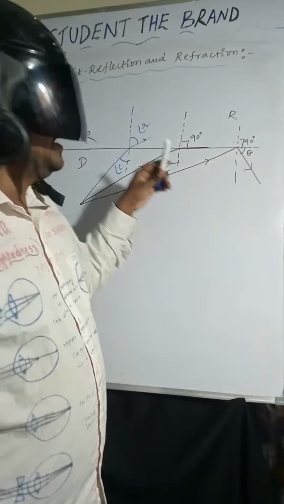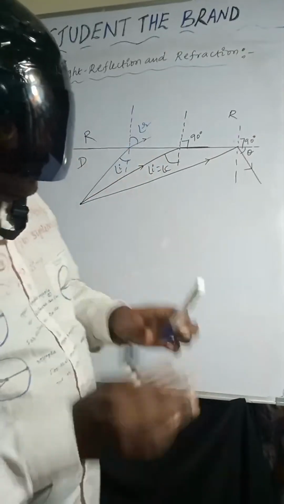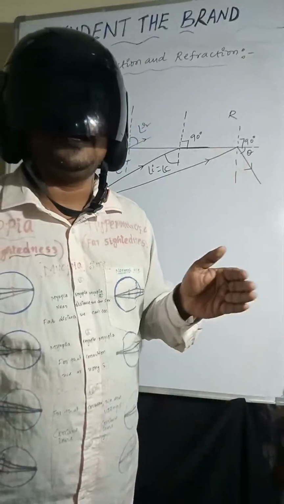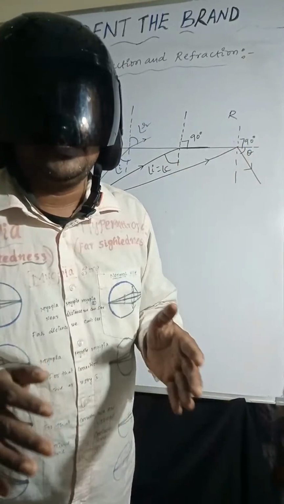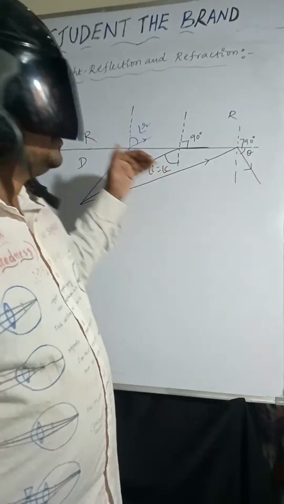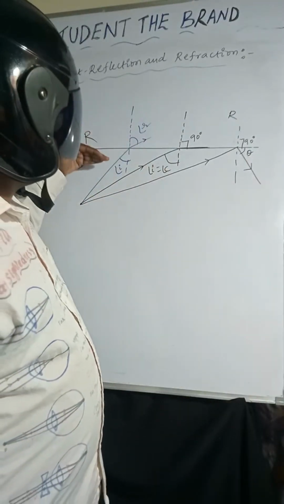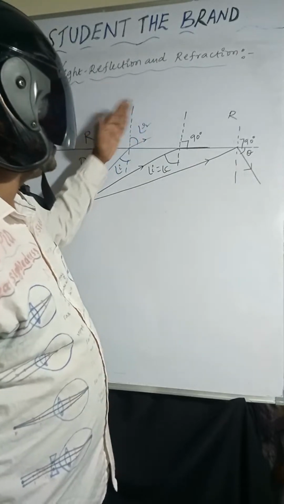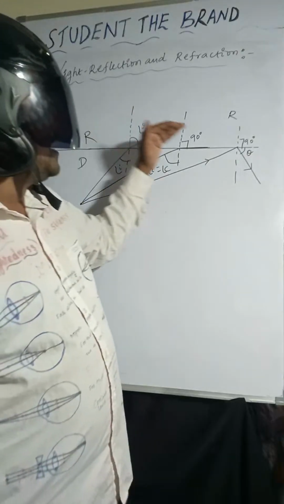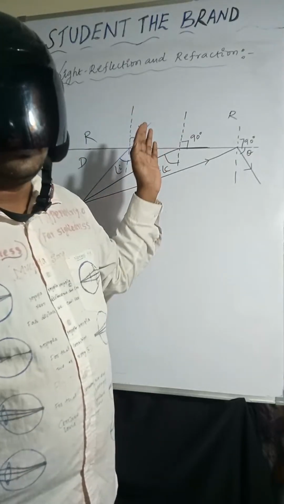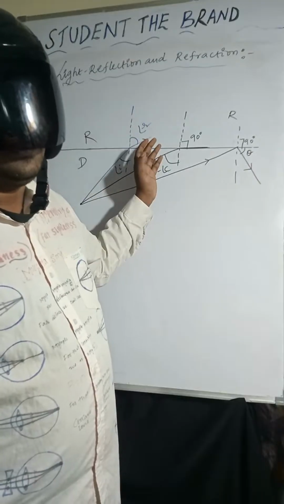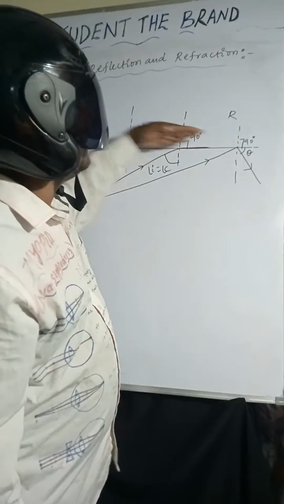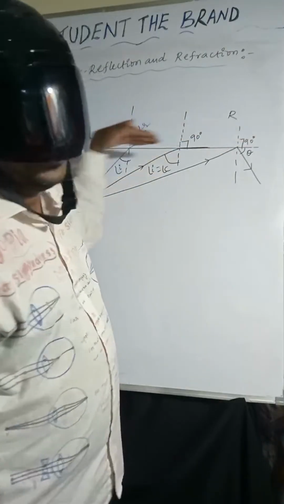Once again, what is refraction? Listen carefully, this is a very important point. When the light ray moves from denser to rarer, it moves away from the normal line. At a certain angle of incidence, the refracted ray passes along the surface.